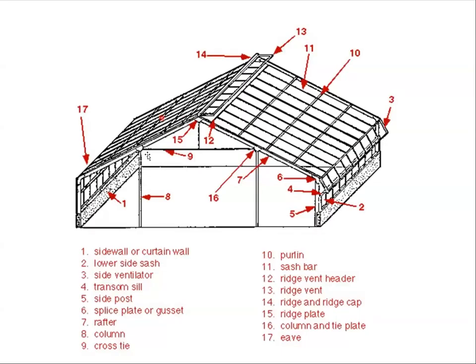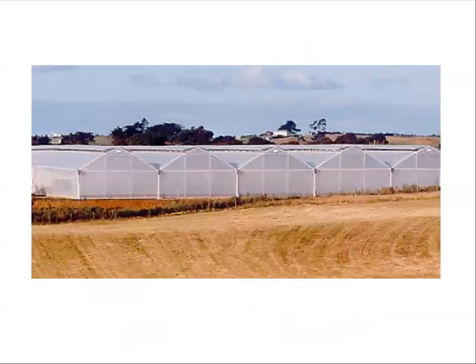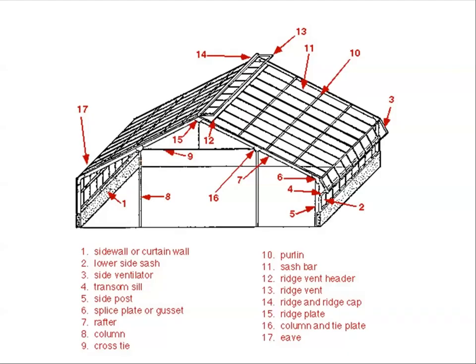So different parts of that framework here, going through this, we see sidewall or curtain wall. This number 1, this is that sidewall or curtain wall. So referring back to the ridge and furrow system, this is a sidewall or curtain wall, and then a shared sidewall or curtain wall. Here we see a lower side sash through here.